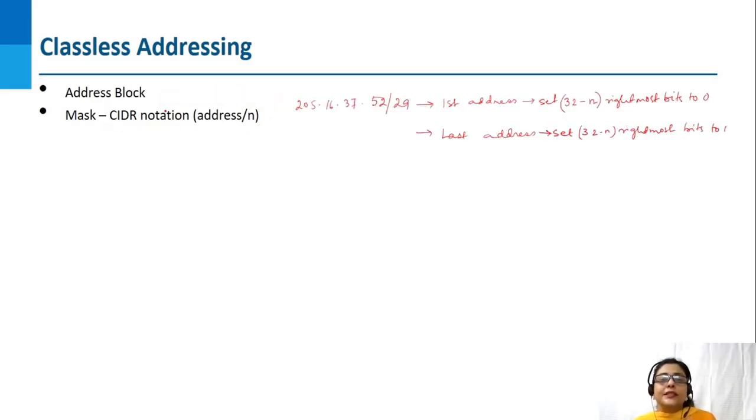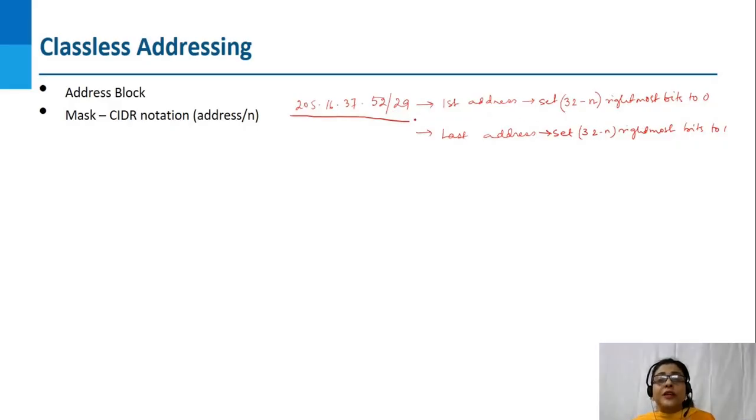This is an example of classless addressing: 205.16.37.52/29. In order to get the addresses of this block, the first address is obtained by setting the rightmost bits to 0.